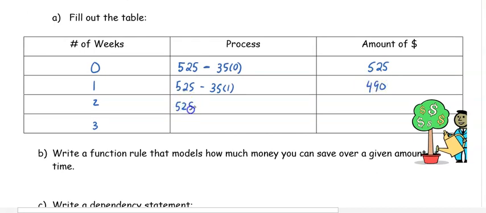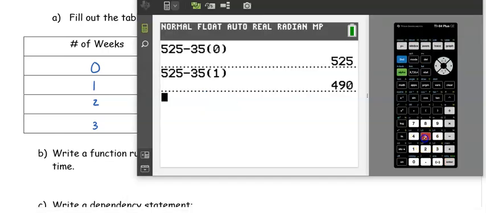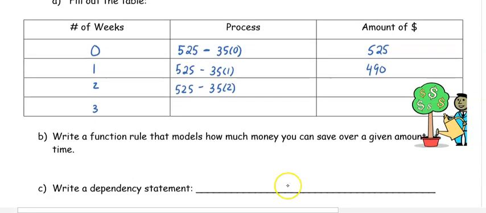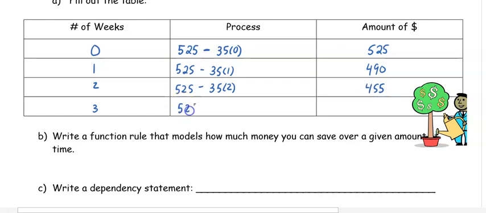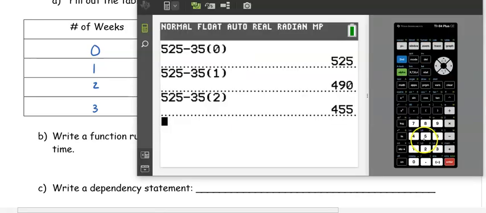Then we have 525 minus 35 times 2 weeks. So that would save $455. And then last we have 525 minus 35 times 3 weeks.